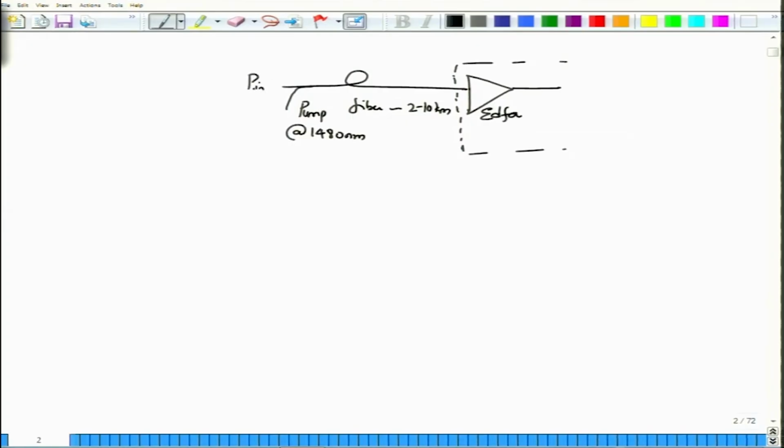So, this is the input that you sent out. However, at the same site, you can also send in the pump power, which let us call P with a subscript of p to denote this is pump power. This pump is now at 1480 nanometer.